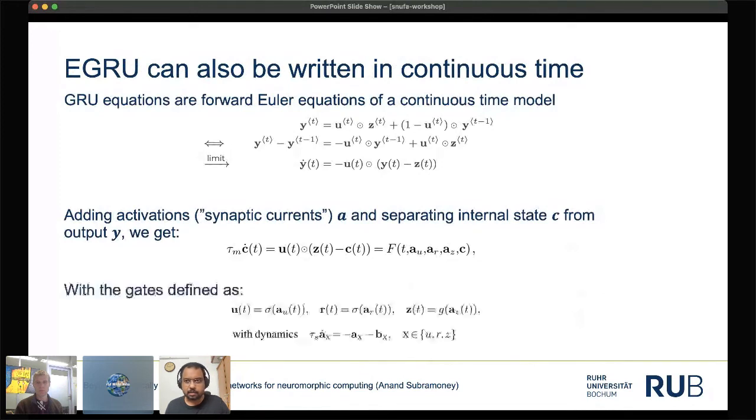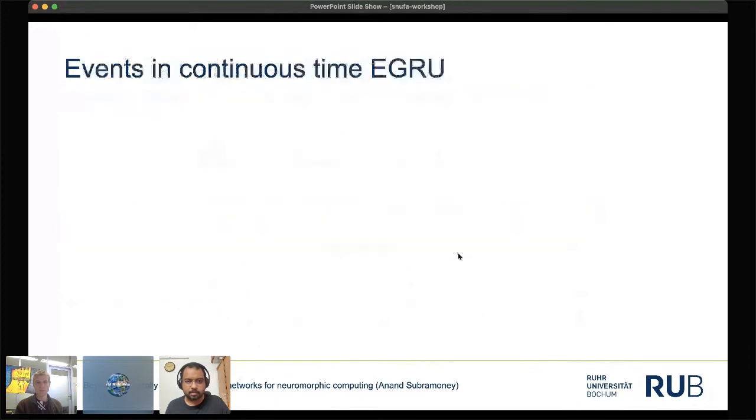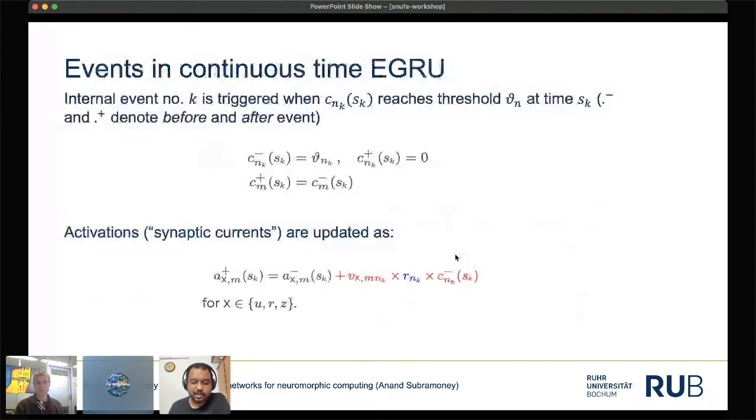So this is the overall description of the model, and you can formally describe the events as changes in the state, the values of the state before and after. And the activations also are defined in terms of the events that occur.